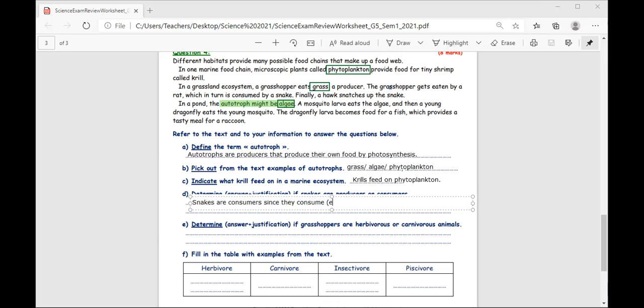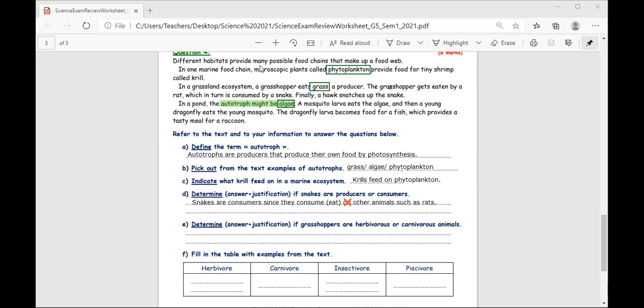Look in the text. What do snakes eat? Rats. Perfect. Snakes are consumers since they eat other animals such as rats.